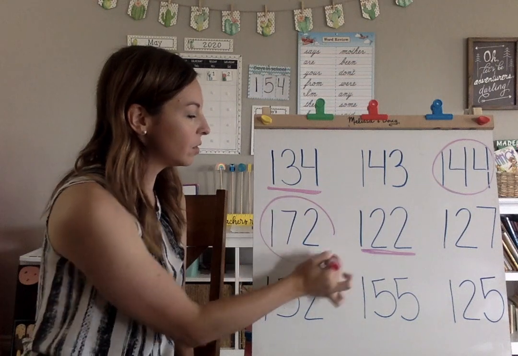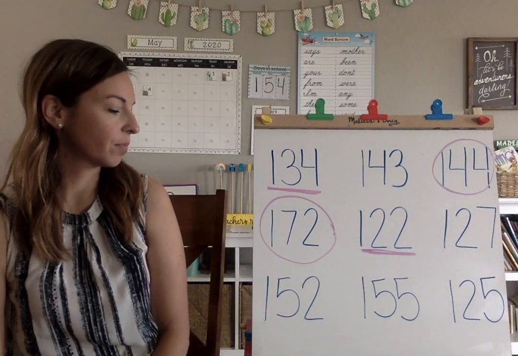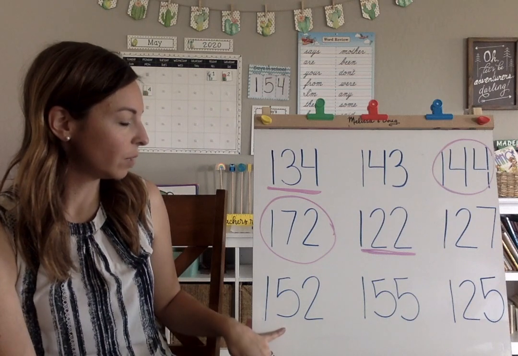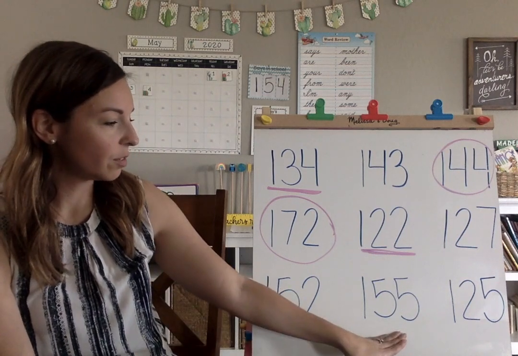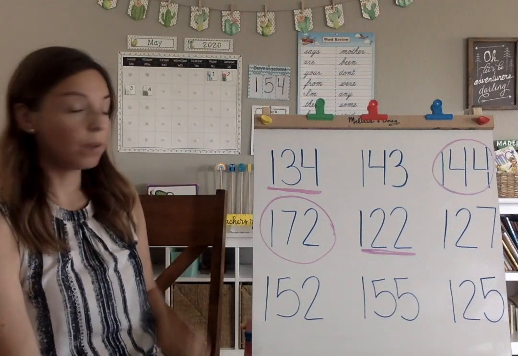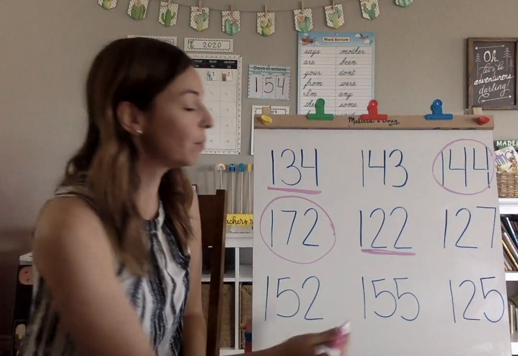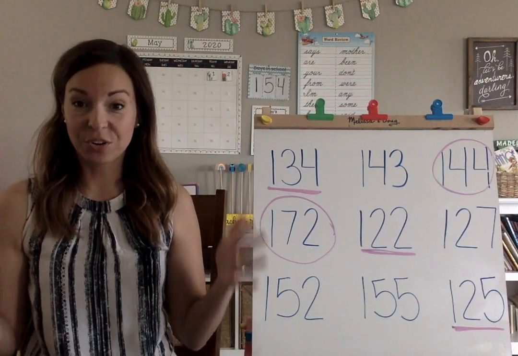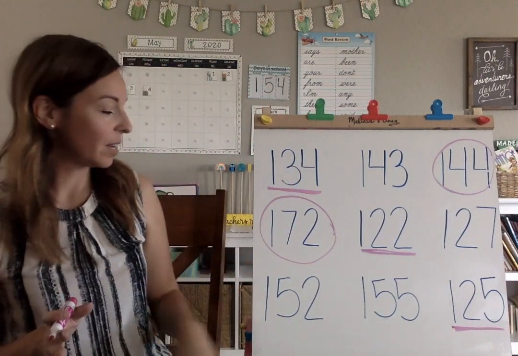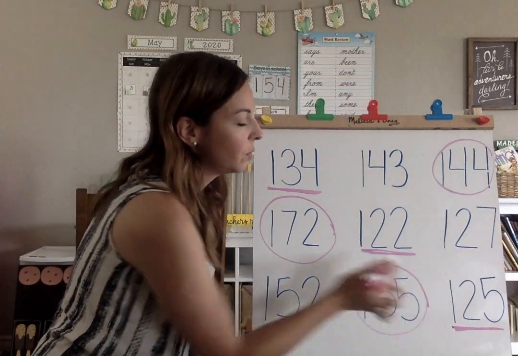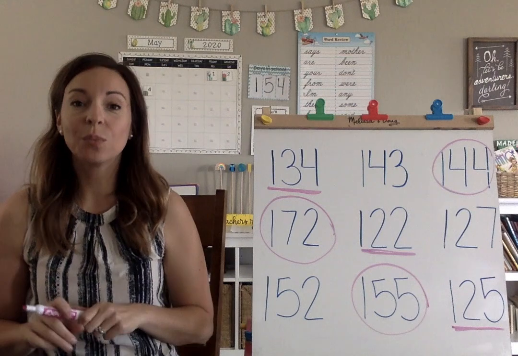So we should have circled that number. And then for our last row, we have 152, 155, and 125. In this row, the smallest or least number is 125, and the greatest or biggest number is 155. So you should have underlined 125 and circled 155.